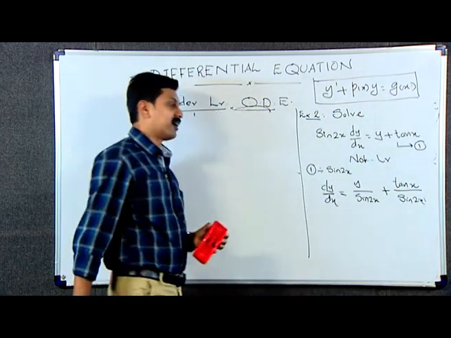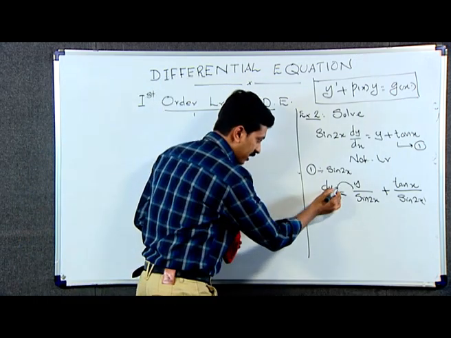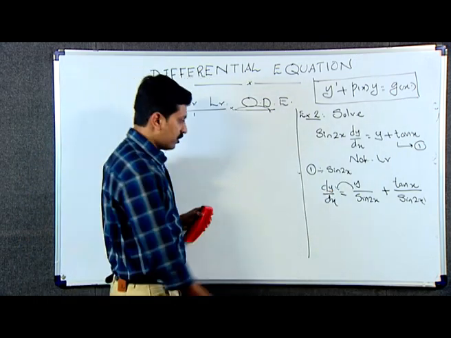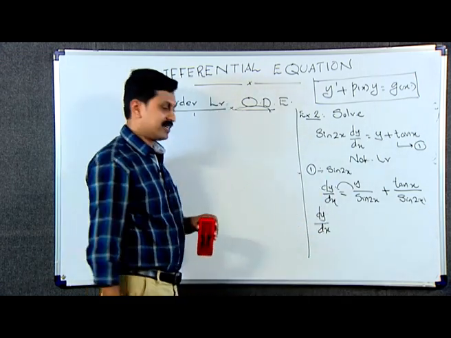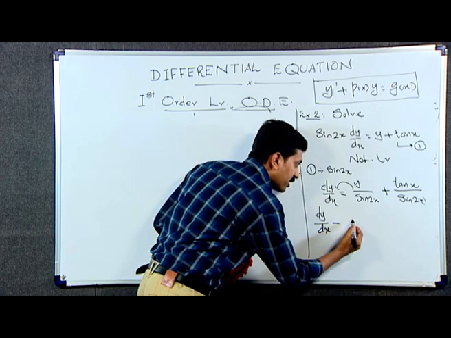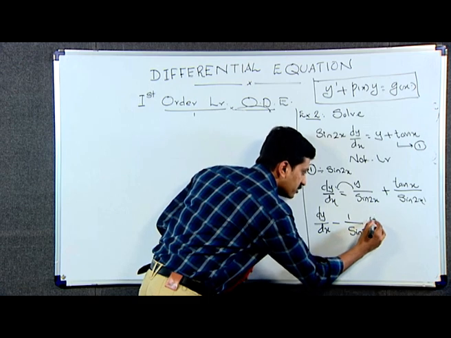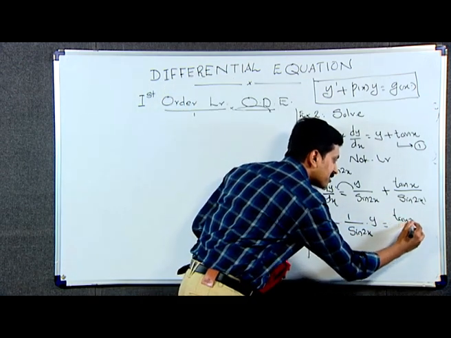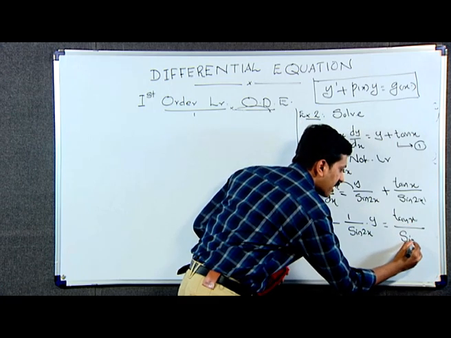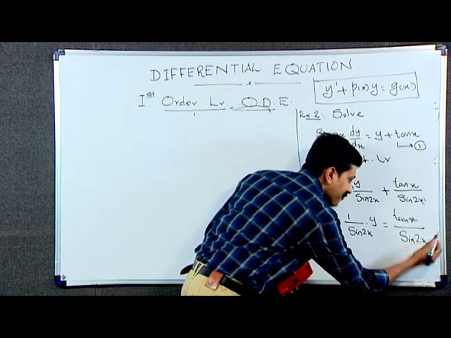I am taking the y part to the left side. So, we can write this as dy by dx minus 1 by sin 2x into y is equal to tan x divided by sin 2x.